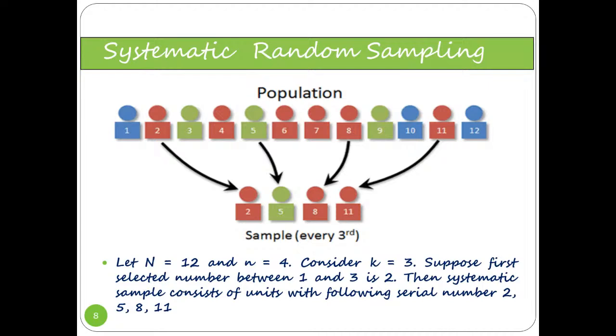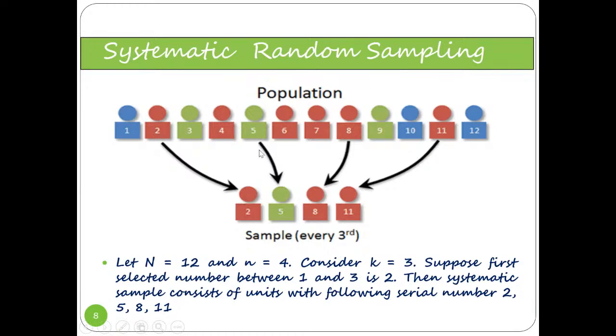So for example, here my total population is 12, that is capital N is 12, and my sample is 4 people. My first person is randomly chosen. Say in this study I have chosen the second person into the study.